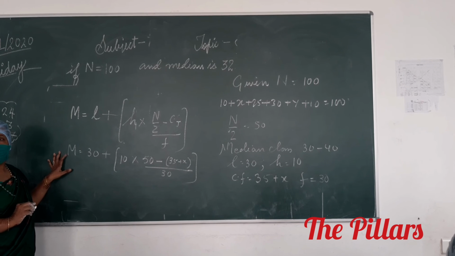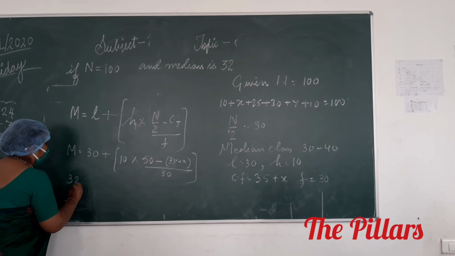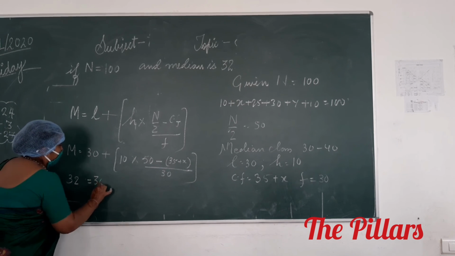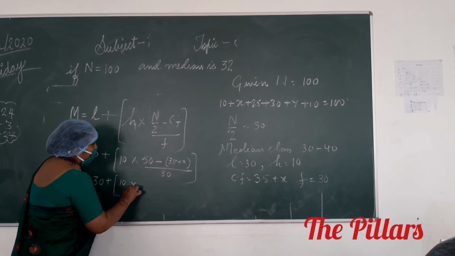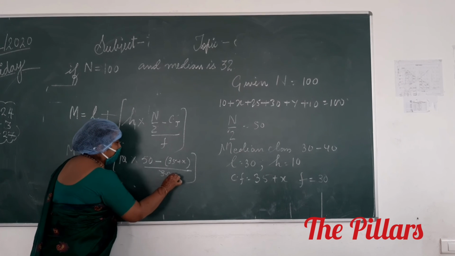How much is the median given to you? 32. So 32 is equal to 30 plus 10 into, this goes by 3 times. Can we cut 3 times?